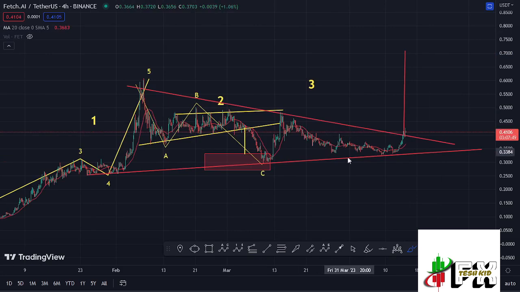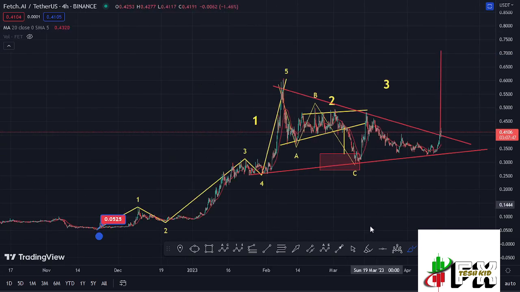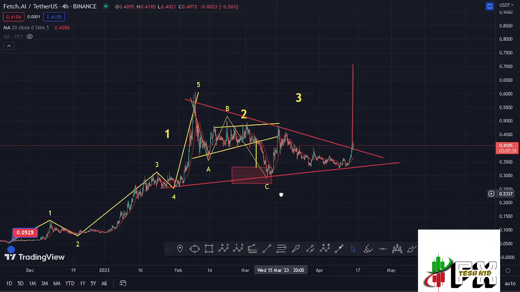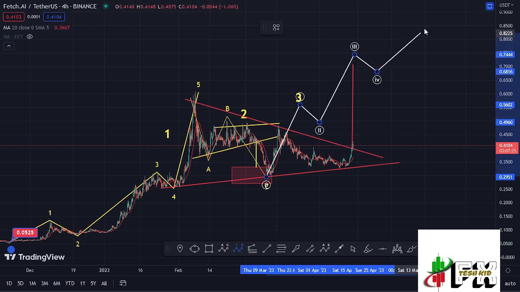And now getting back to the Elliott wave structures to give you the short-term scenarios that I'm expecting to play out here on the Fetch AI chart, I believe that whatever we are seeing at the moment is the start of an impulsive wave to the upside in the formation of this wave 3. And because of the impulsive nature in the formation of that wave 3, I'm also expecting to see a 5-wave structure in formation, having the wave 5 fully maximizing our target areas in the formation of this wave 3.